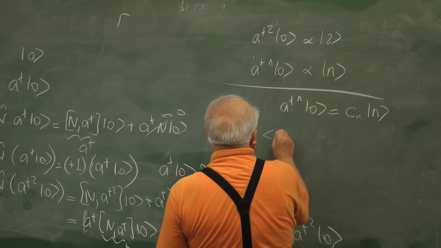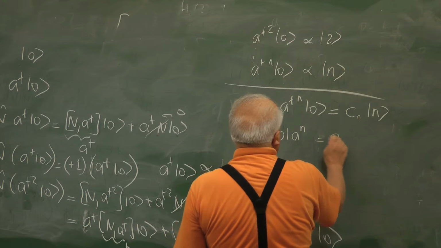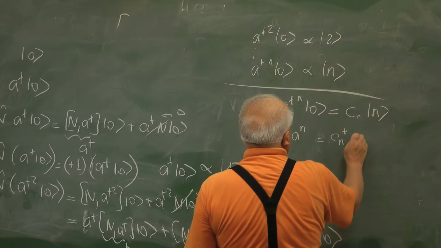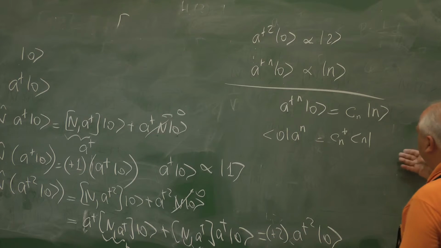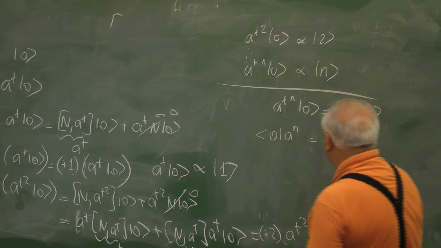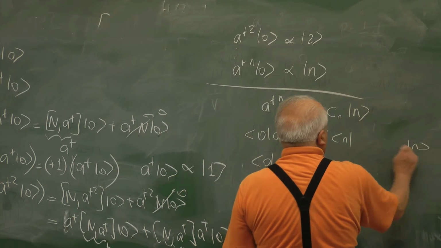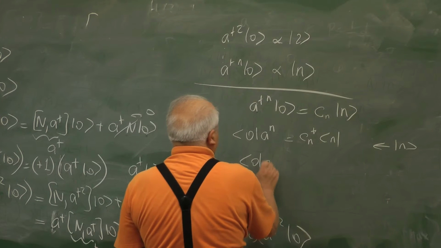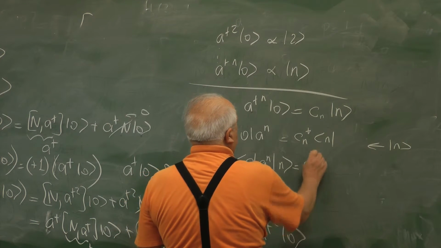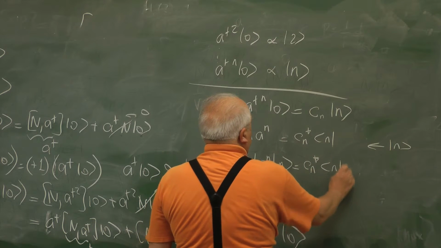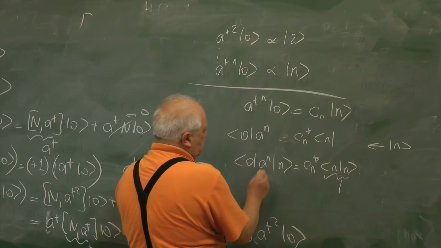Or if I take the conjugate, 0 an is equal to cn star n. Let me multiply n from the right. Namely, I am applying n here. 0 an n, that's equal to Cn star and n. But this is 1. And we did this before.